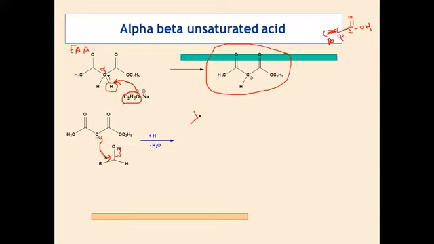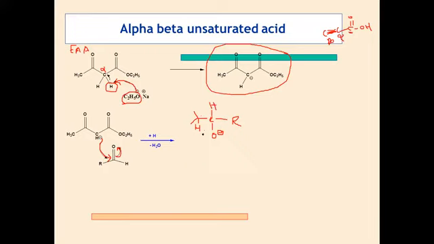Now suppose this is CH minus. This CH minus attacks the aldehyde. This is R, this one is O. O gets converted into O minus, and this CH is as it is.